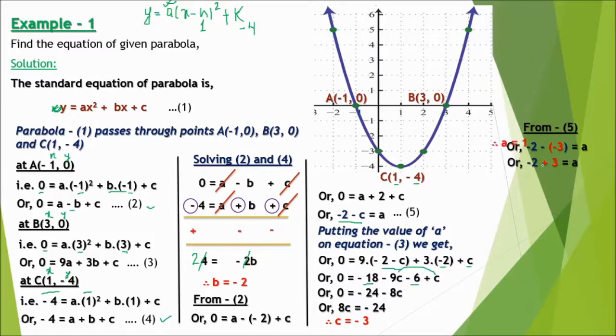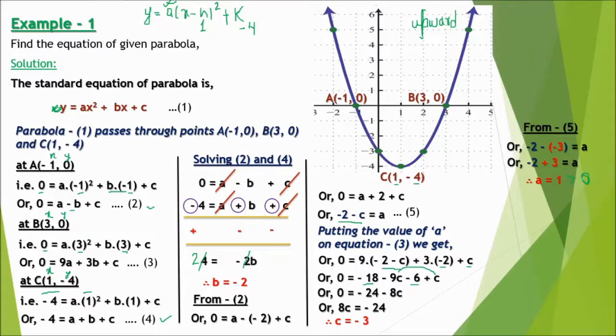The value of a will be 1. The positive a is greater than 0. As we know, the opening is upward, isn't it? So the opening is upward, so the value of a must be greater than 0, and it is greater than 0.